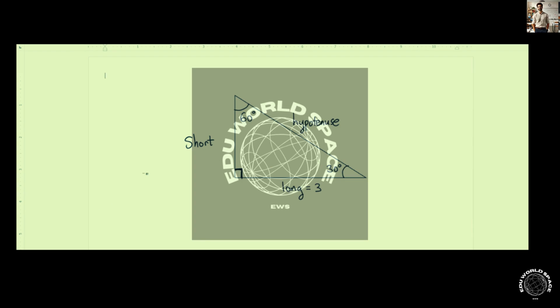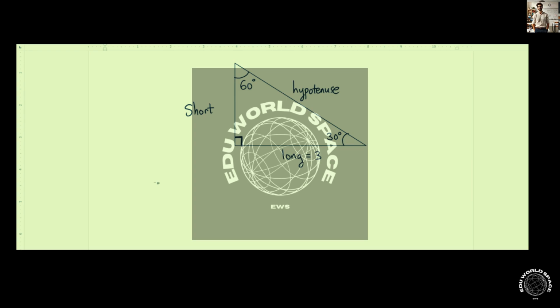Now, the one thing that we need to note about the 30, 60, 90 triangle is that the sides are related using two equations. The first equation is that the hypotenuse equals 2 times the short leg.